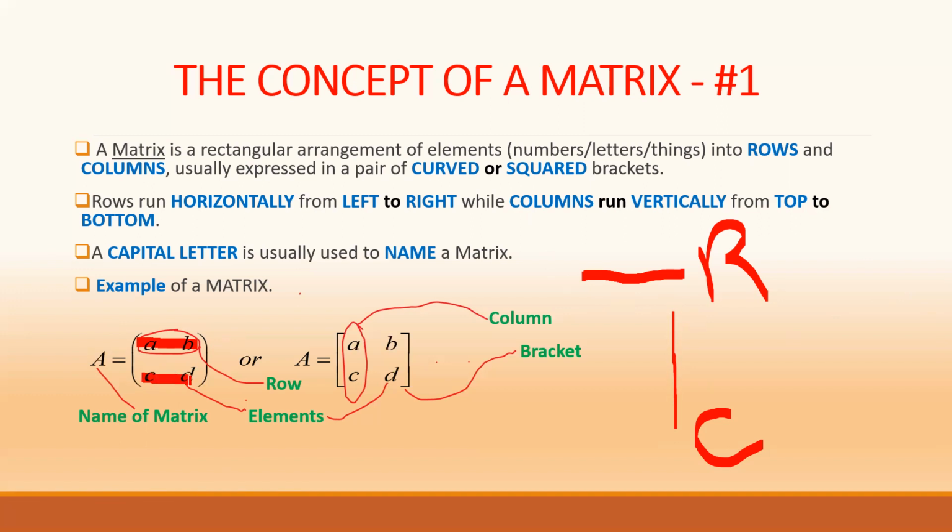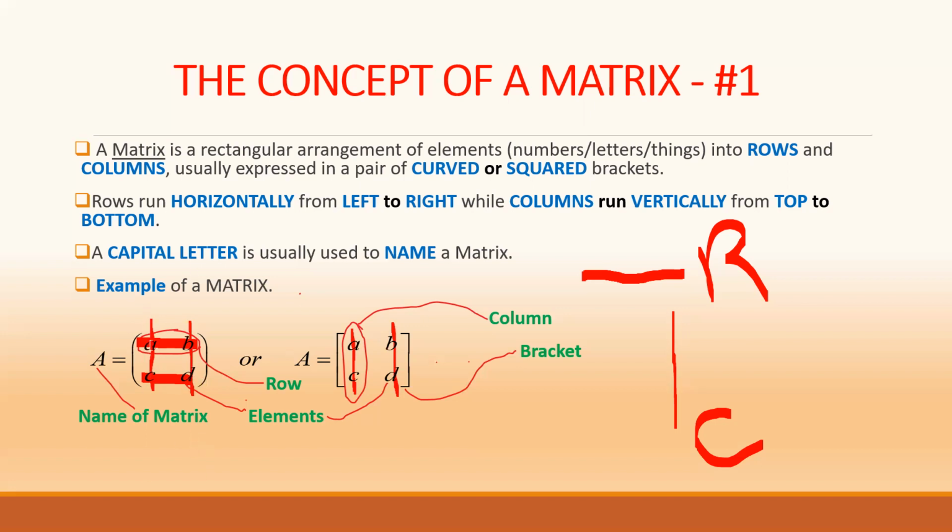CD is also in a row. So we can now identify the elements that are in rows. In terms of columns, it means that AC would be in a column and BD would be in another column. So this matrix has two rows and two columns.